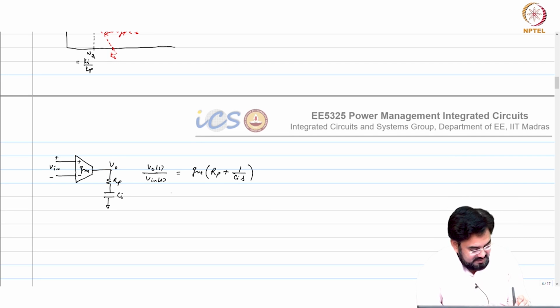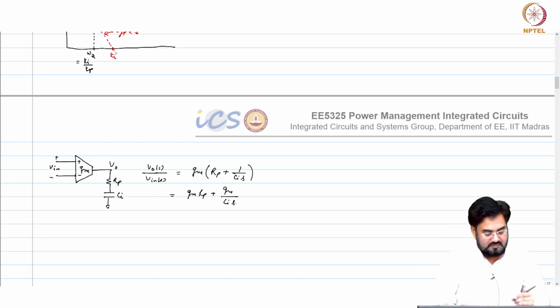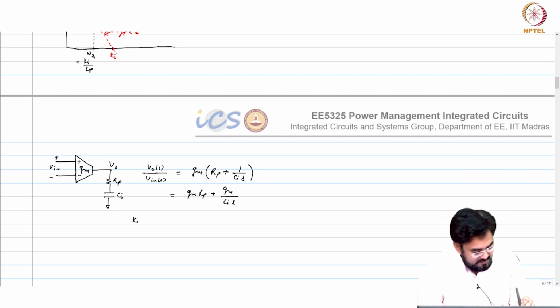So this becomes, so what is Kp? Gm Rp. And what is Ki? Gm by Ci.